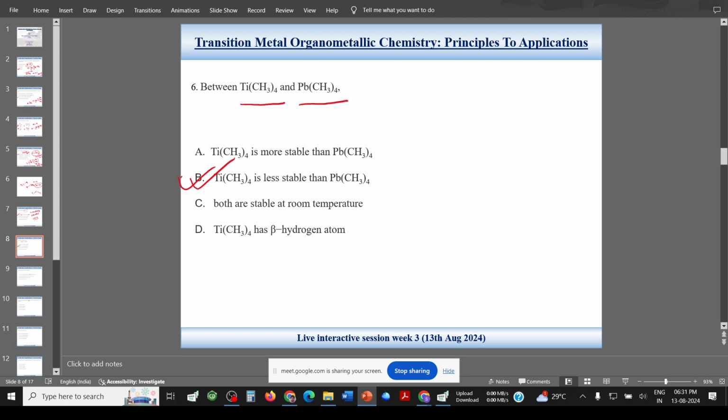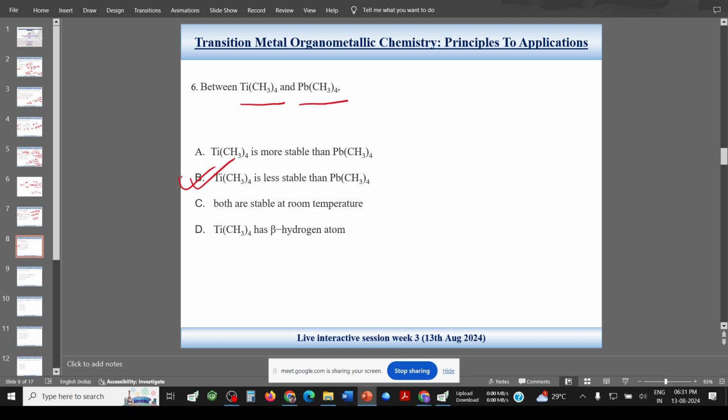Also, we have seen beta hydride elimination, and both the complexes don't contain any beta hydrogen atom. That's why we cannot consider stability with regard to beta hydrogen. So the only thing is the stability of these complexes with the energy difference between the orbitals. Carbon has 2p orbitals, titanium has 3d orbitals. The energy difference between these two is small.